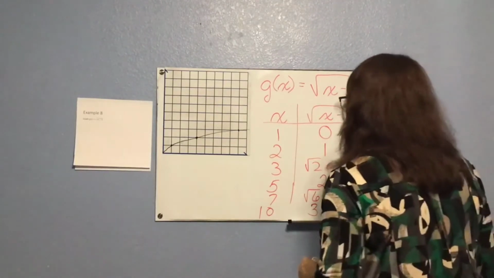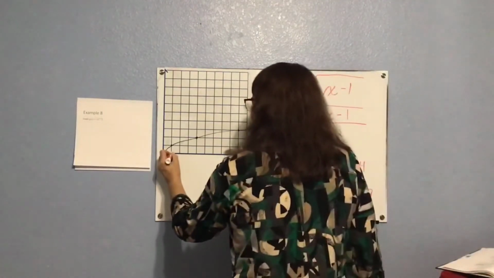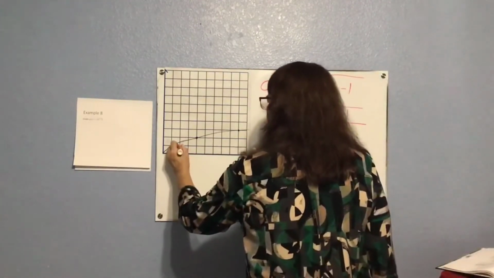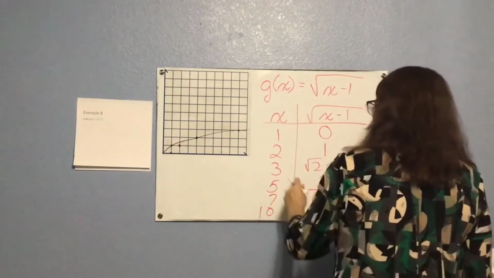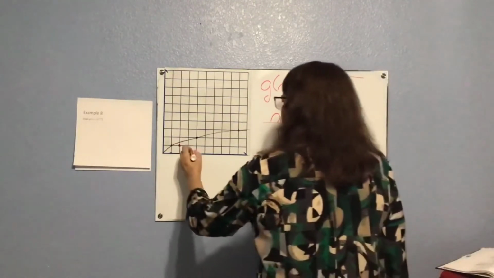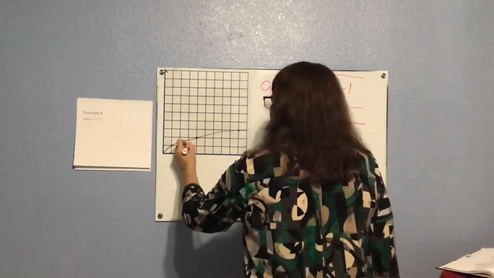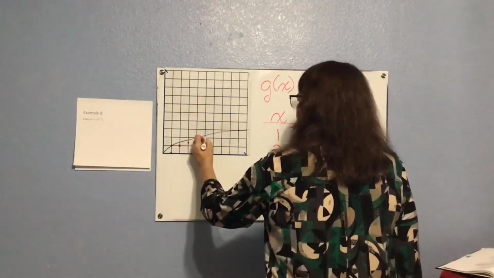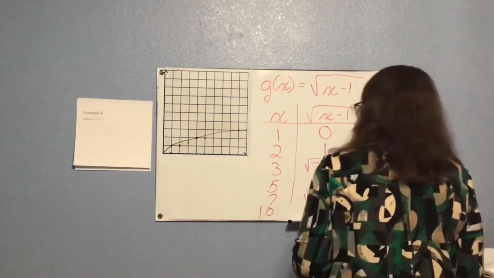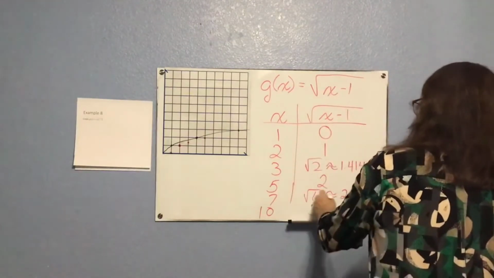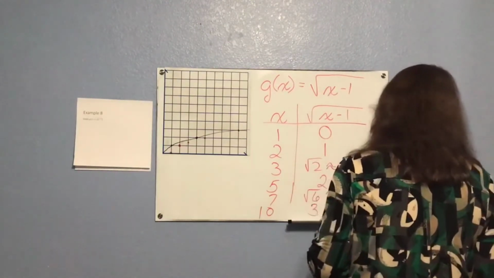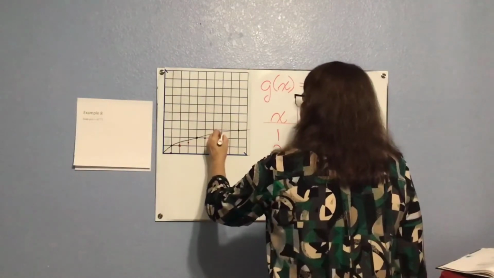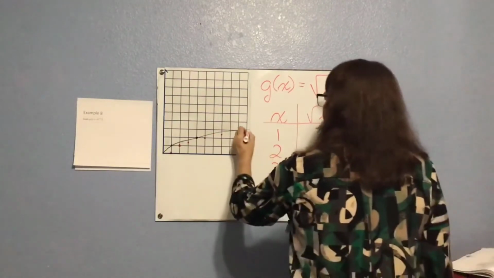So now I've got some points. At 1, I'm at 0. Okay, at 2, I'm at 1. At 3, I'm at 1.4. So right about there. At 5, I'm at 2. At 7, I'm at just under 2.5. So right about there. And at 10, I would be at 3.